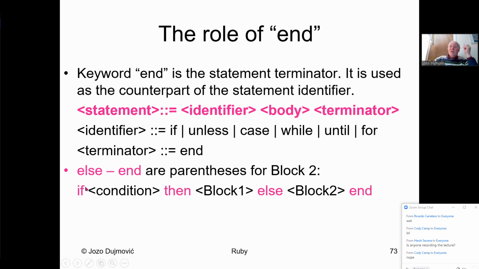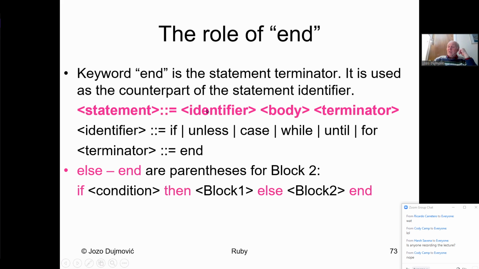If you have here no identifier, then it is arithmetic statement. For example, n equals 1. So this is arithmetic statement. But if you have if n equals 1, then this is identifier of if statement. So statement has identifier, then comes body of the statement and has the terminator at the end.